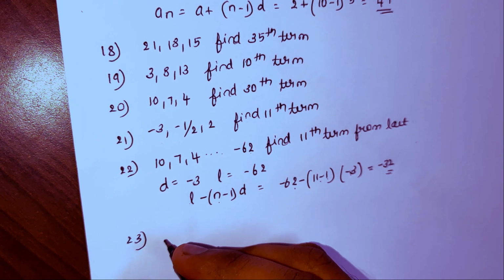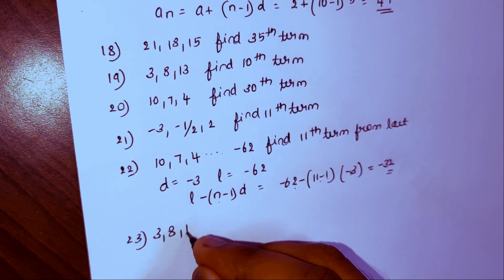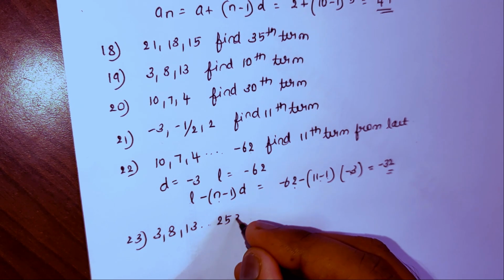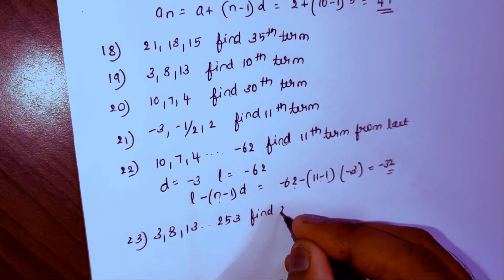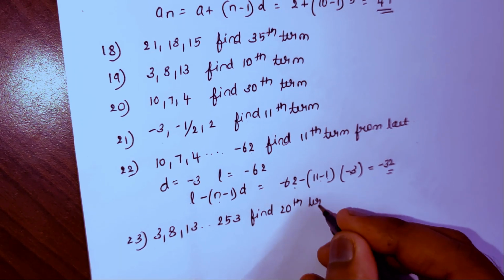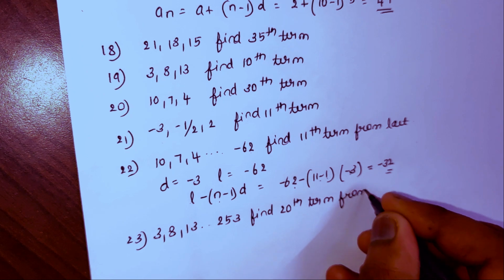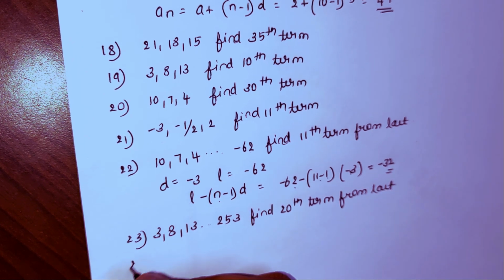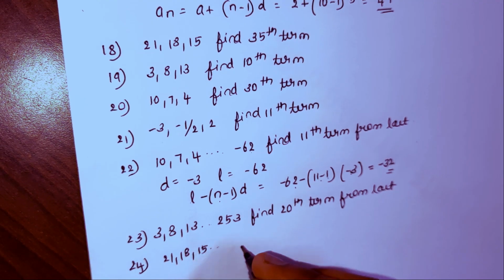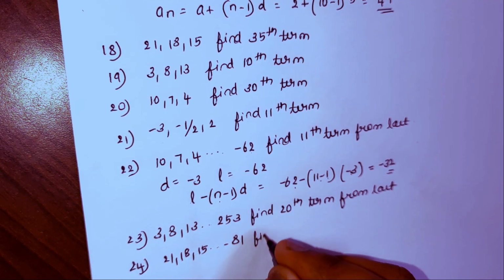So on the 23rd question, 3, 8, 13, so on up to 253. Find 20th term from the last. 24th, 21, 18, 15, so on up to minus 81.